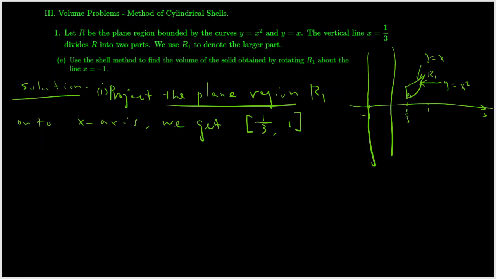Okay, so because we have the same plane region, the second step is kind of the same. Just the height or the base radius are going to be different. We are going to see.